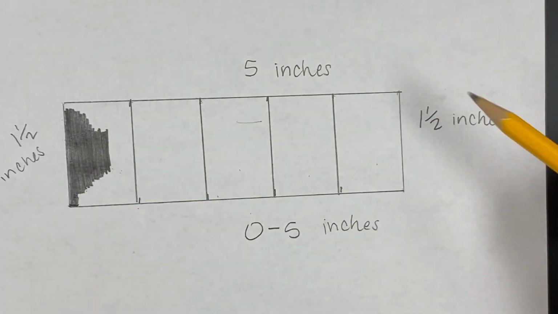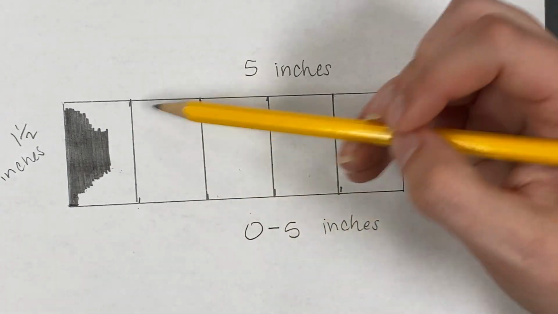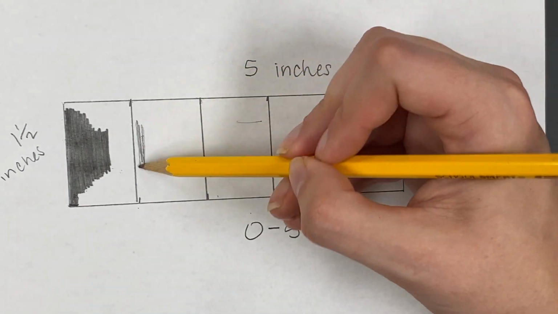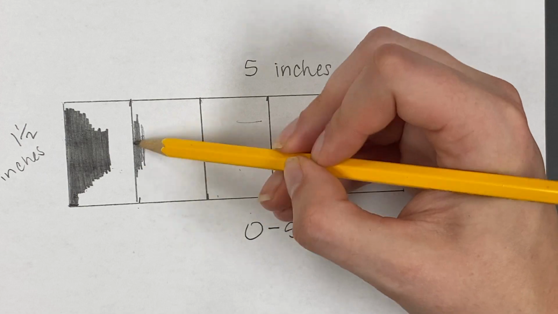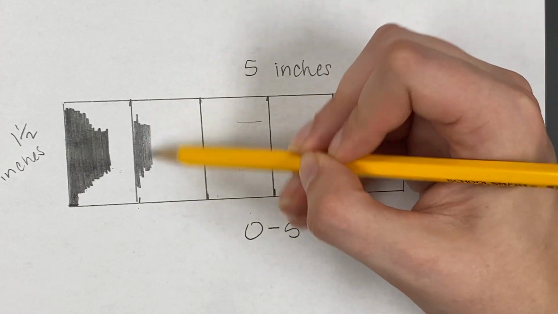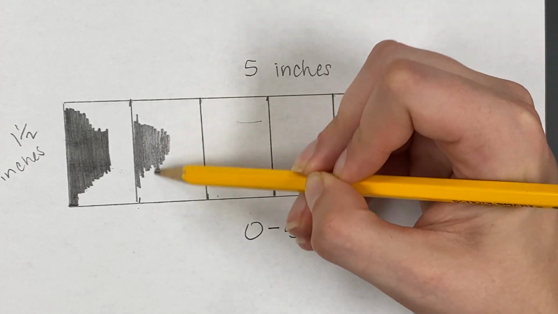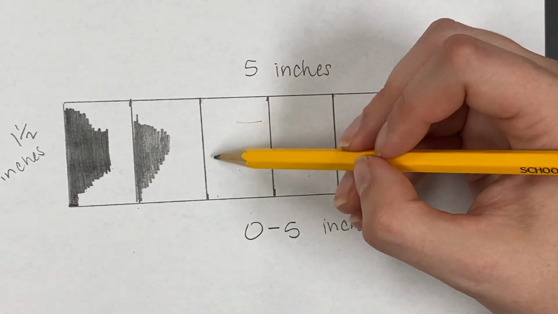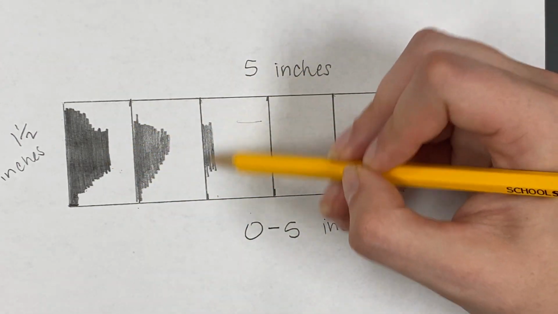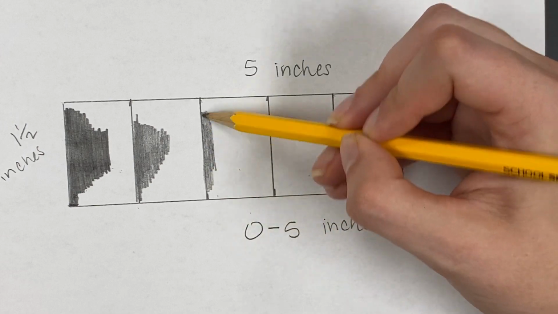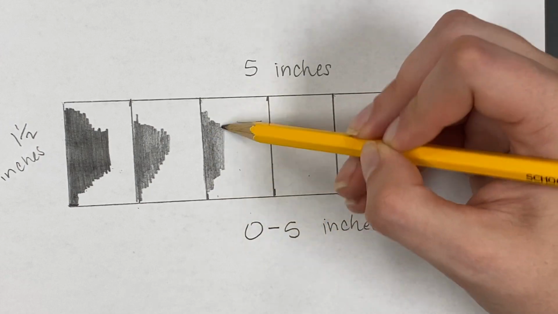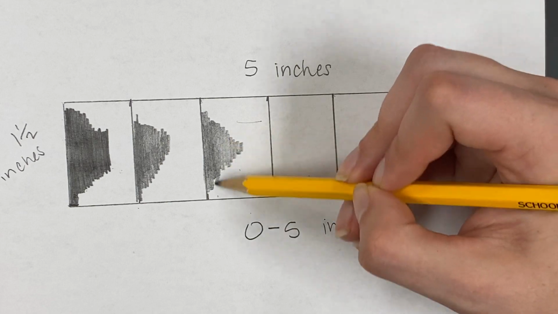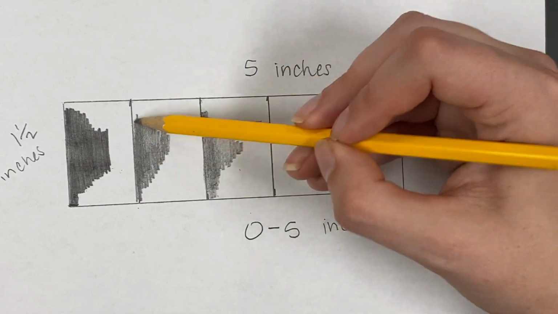Okay? Then when you get to the next box, you're gonna fill this whole box in, except this time you're still gonna bear down pretty hard with your pencil, but not quite as hard. You want it a little bit lighter than this one. Your middle one, a little bit lighter. So this time I'm kind of bearing down halfway, not super hard, but not super light.